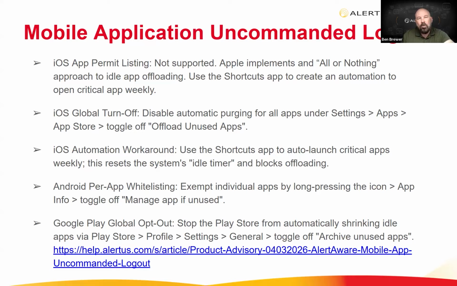Now, within Android platforms, there's a lot more capability. You do have the ability to apply per-app whitelisting or permit listing, and you'll have the ability to select the AlertAware mobile app and toggle off the manage app if unused button within the platform. Obviously on Android devices, the user experience specific to settings can vary somewhat.